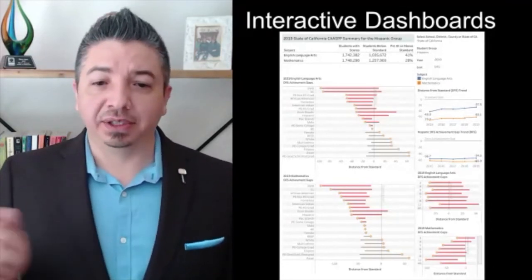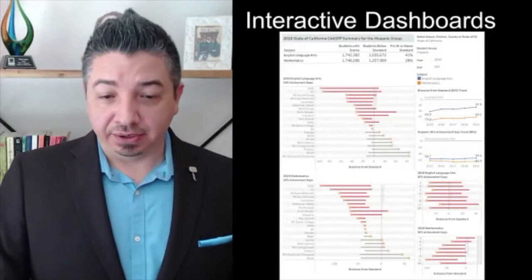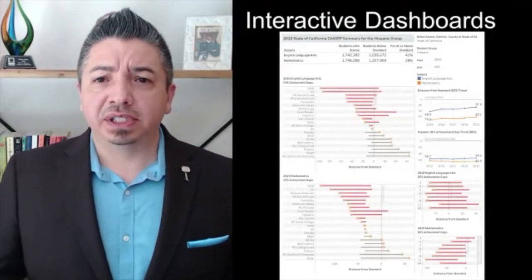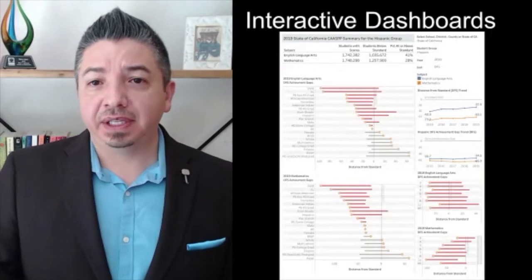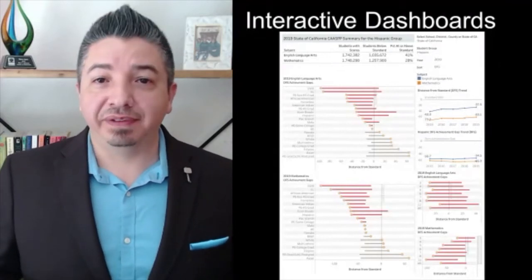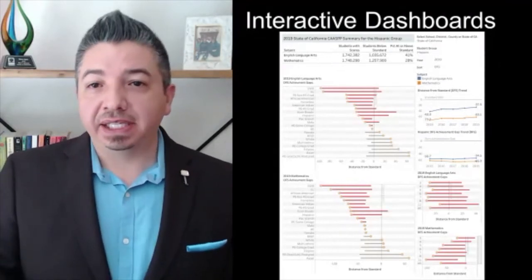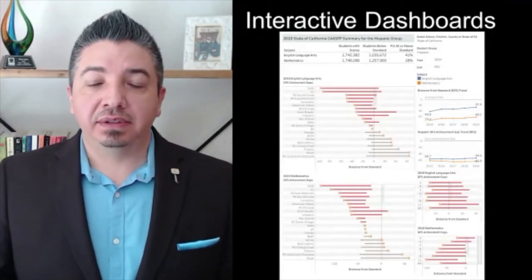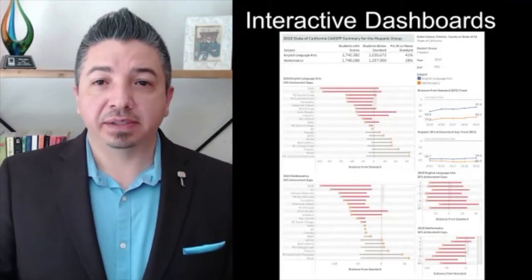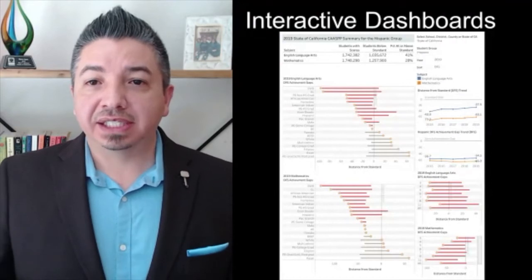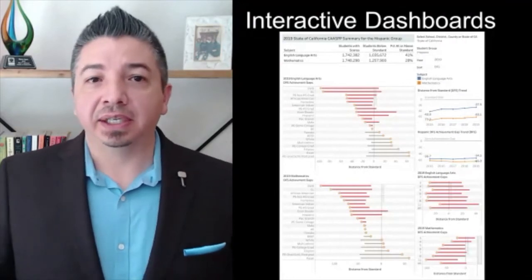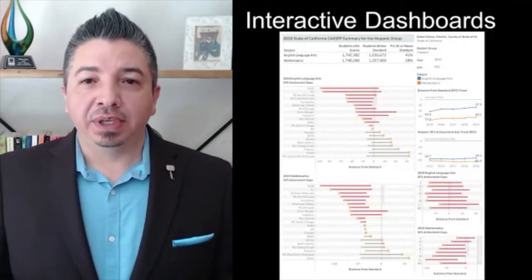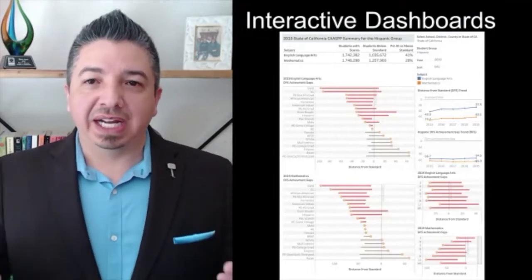This one includes the big numbers for the headline, so you can really get an idea of what's going on here. Right here, you see 1.1 out of 1.7 million Hispanic kids are not at standard for CASP in math. So only 28% are, at least in 2019. You want to be able to see that information right at the top, right?